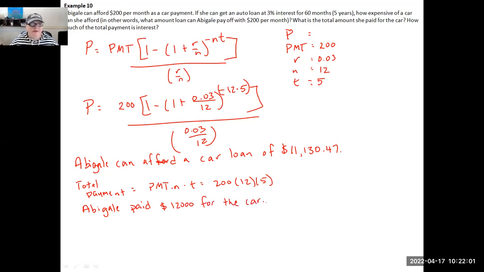Okay. And the last question, and this is going to be just like your exam. I'm going to set it up the same way. 5 points for the first question we answered, 3 points for the one we just answered, and then 2 points for this last one, which is how much of the total payment is interest.